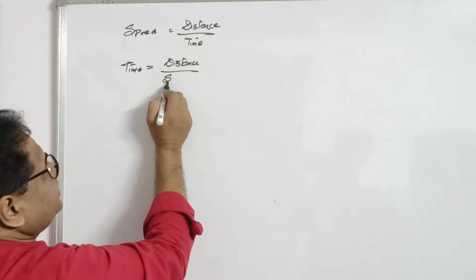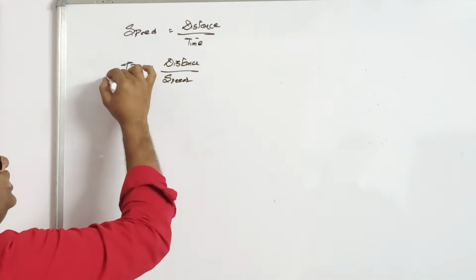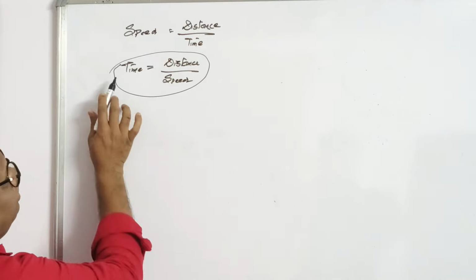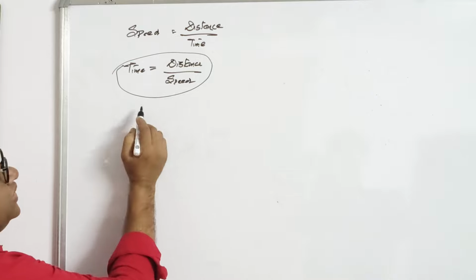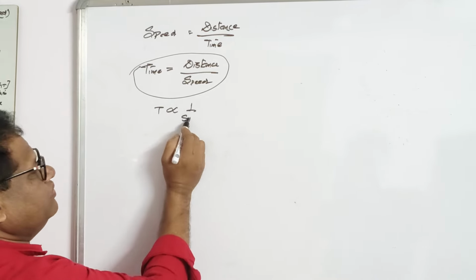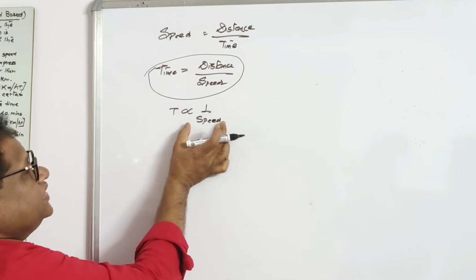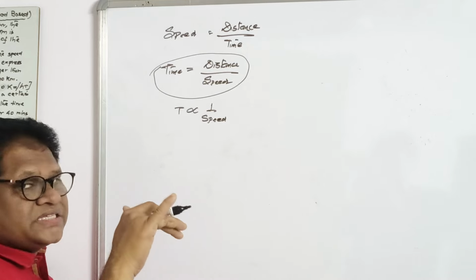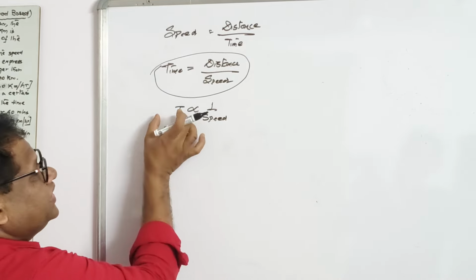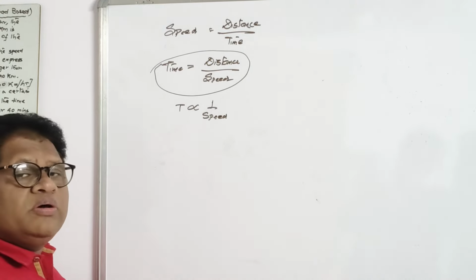Remember to frame the equation in terms of time. Time is inversely proportional to speed. That means if you increase the speed, the time taken for the journey will be less, and if the speed is decreased, the time taken will be more. These two concepts have to be borne in mind.